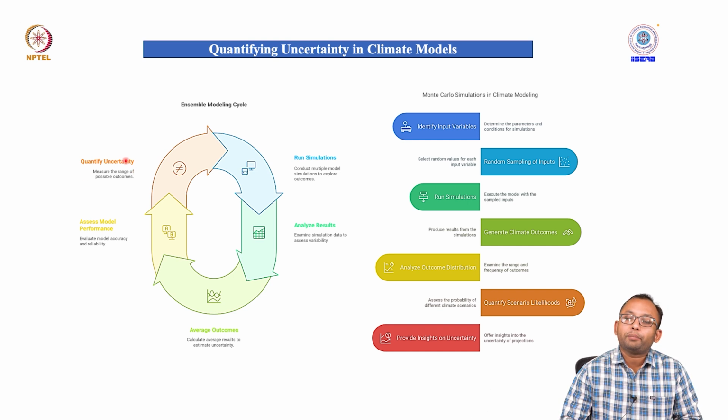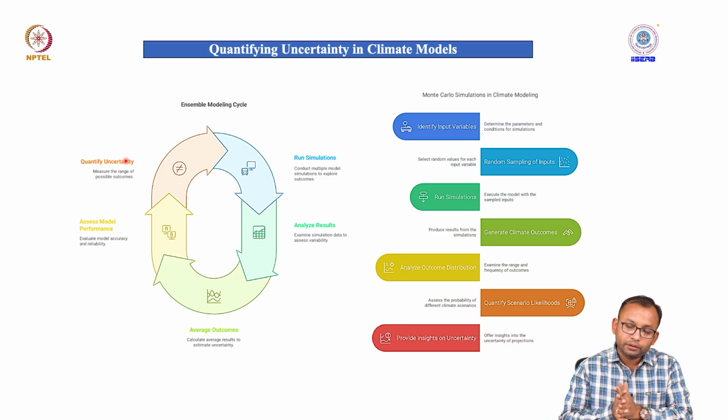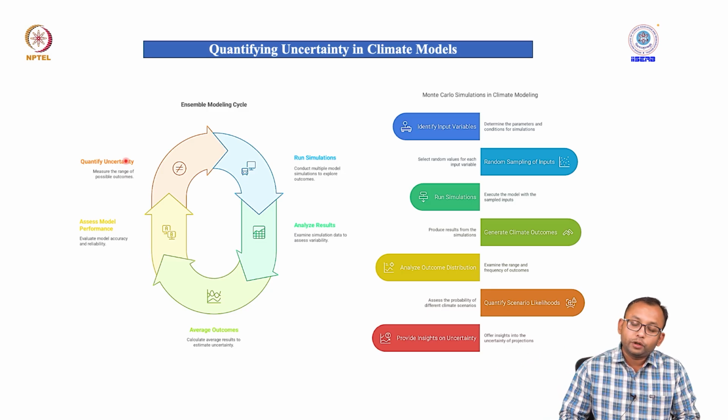Once we have the better estimate for the historical period, we can basically go for future conditions, and because we already know what the uncertainty in the historical period is, you can tell what would be the uncertainty in the future scenario run for these models as well.